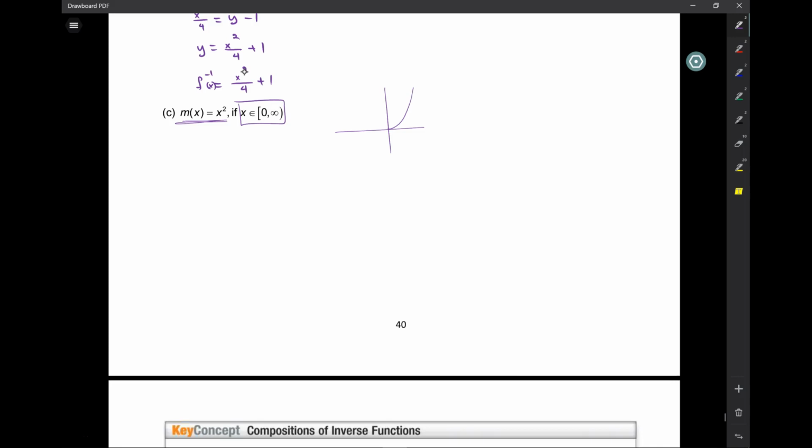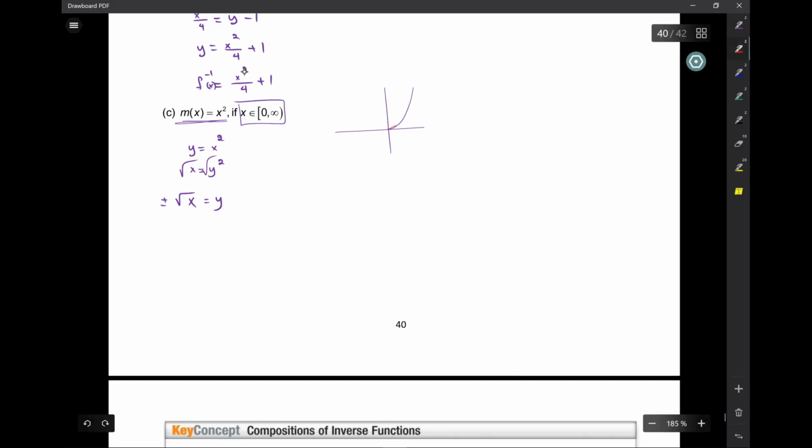So now, is that something that has an inverse function? Yes, but the one before didn't, which is why we restricted the domain. So now we have y equals x squared. So that means x equals y squared. And now if I take a square root of both sides, I get that y equals plus or minus root x. But what's plus or minus root x?